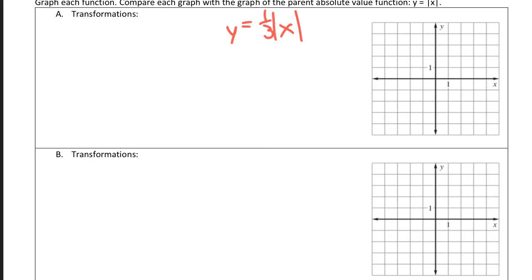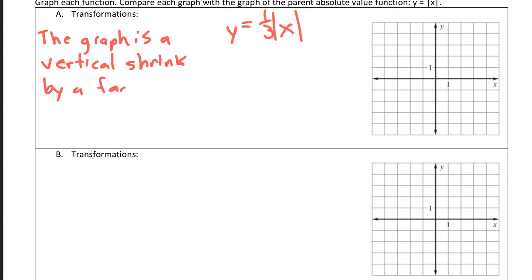So the graph of this function, the transformation is that there is a vertical shrink by a factor of 1/3. Okay, so first I'm going to show the parent function, and I'm going to show what our transformation is going to look like. So first, parent function.